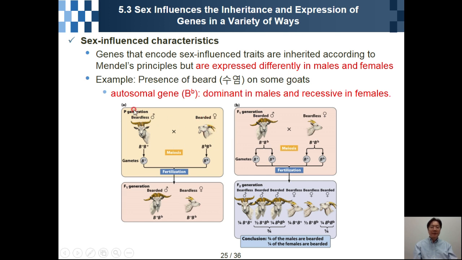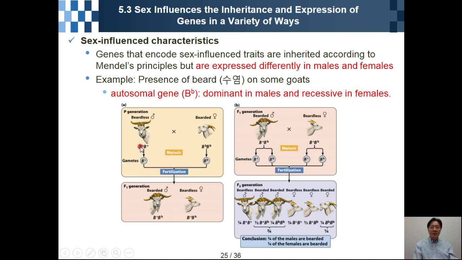For example, this is the autosomal gene, B+ and Bb, large B, small b. This is located in the autosome, not the sex chromosome. But this is dominant in the male, and recessive in the female. So they are different. For example, in the parent generation, the father was beardless.